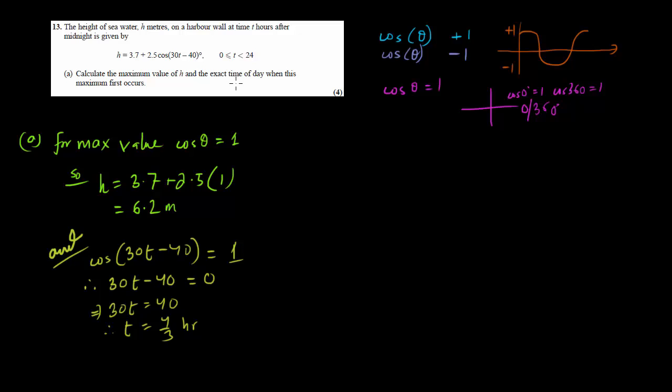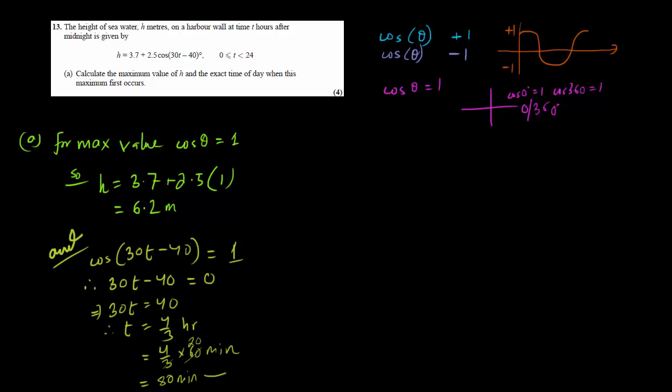They asked us for the time of the day. Since it is midnight, we have to find out how much time after midnight. So let me convert this to minutes. 4 by 3 into 60 minutes turns out to be 4 into 20, which is 80 minutes.